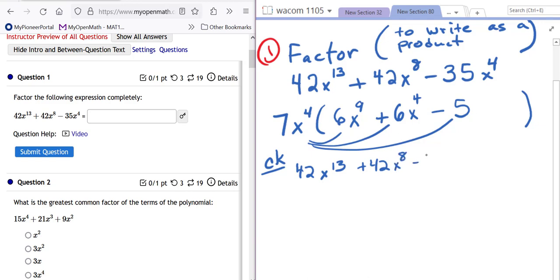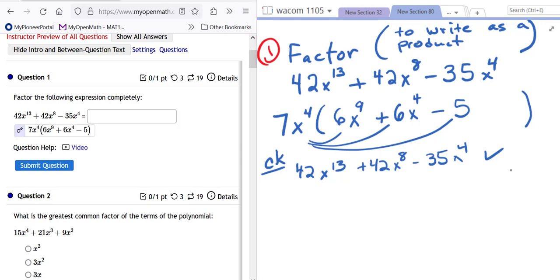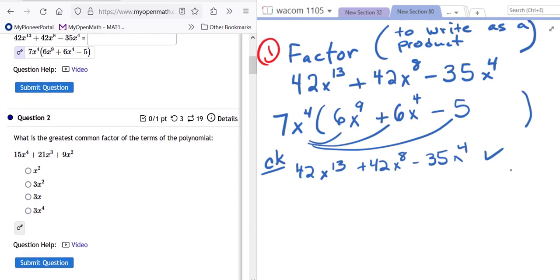And this is minus 35, x to the 4th, which is the original, so we're good. Now, that's not the answer, that is just the check. But this is a good kind of problem to check. All right, and we should probably look at the answer to make sure Mrs. H did not mess it up. So good today. All right, let's try another one.